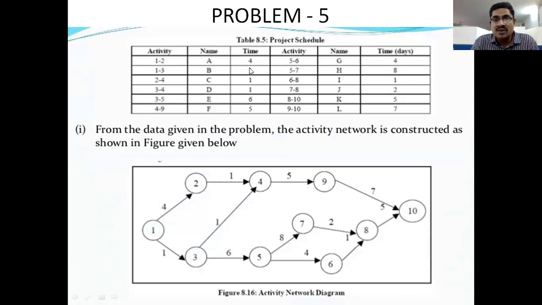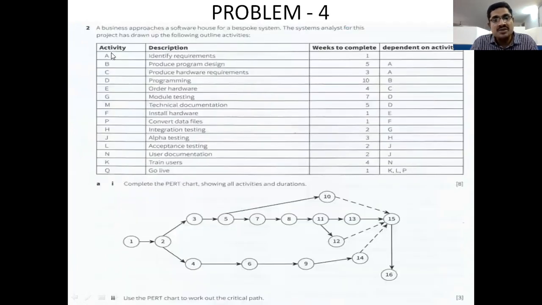In this form of network or CPM problem, we have no separate preceding activities column. Previously, activities were in one column and dependencies or preceding activities in a separate column, both in the form of English letters.